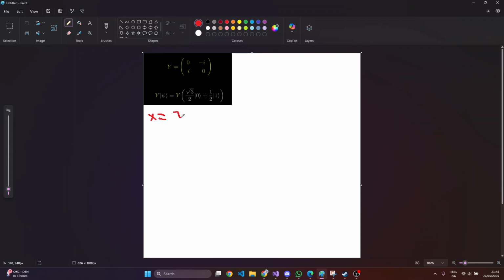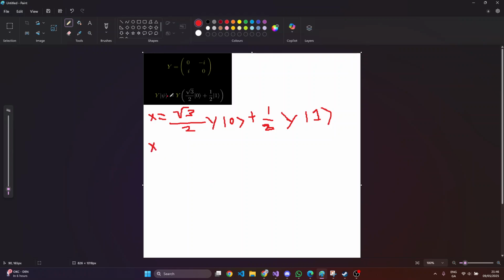So we get 3 over 2, then we distribute the Y, and then we still get this, the 0, plus a half Y, and then the one state, but in brackets, because we've already put the Y in.